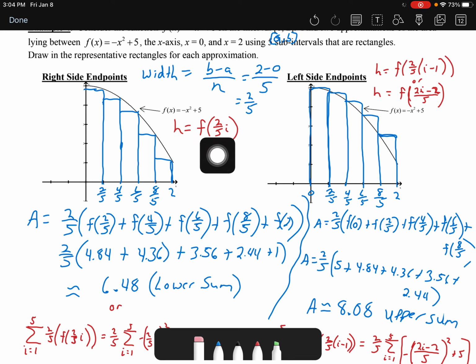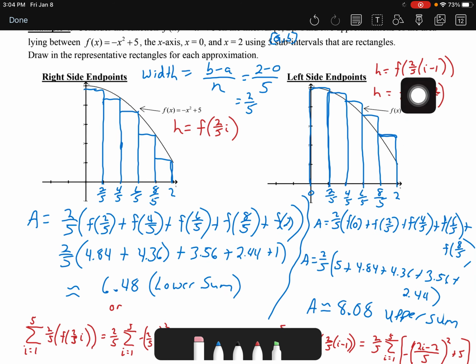So instead of just having f of 2/5 I, it's f of 2/5 times I minus 1, because when I'm doing the first rectangle, I actually want to be taking f of 0. So when I put my 1 in there for my first rectangle, I have to go 1 minus 1 to get 0, and 2/5 times that is also 0. So I'd get f of 0 for the height of this first rectangle, which is what it is. The actual height is 5 on that first rectangle.